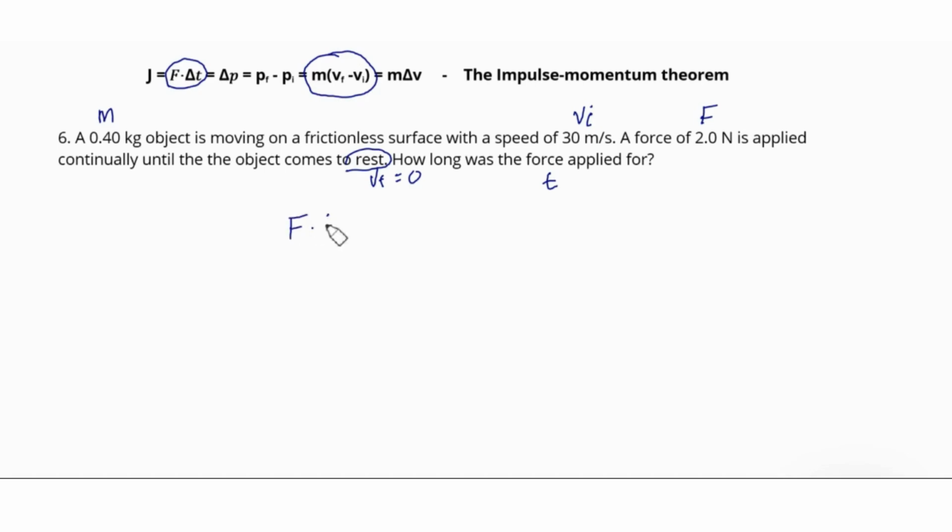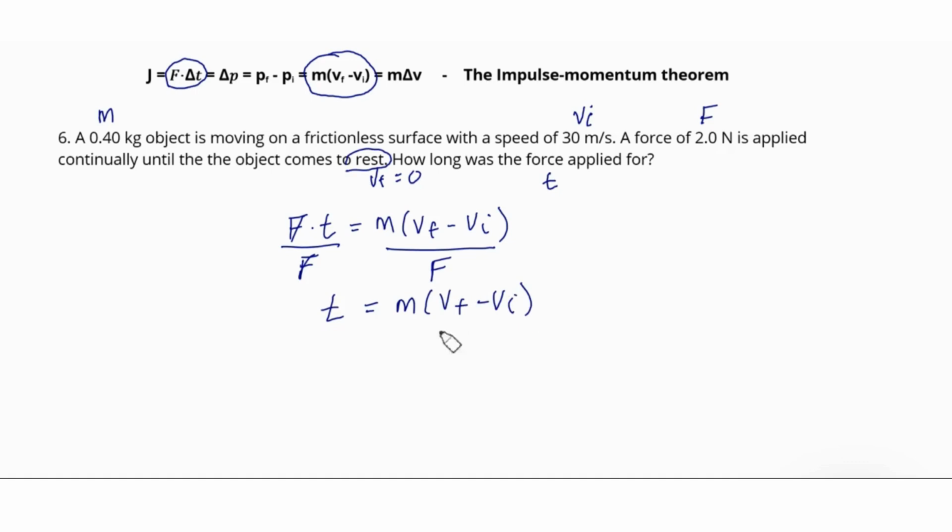So I have force times time equals m times VF minus VI. Now in this case we're looking for time, so I'm going to divide both sides by force to isolate time. And so T would equal m times VF minus VI over F.